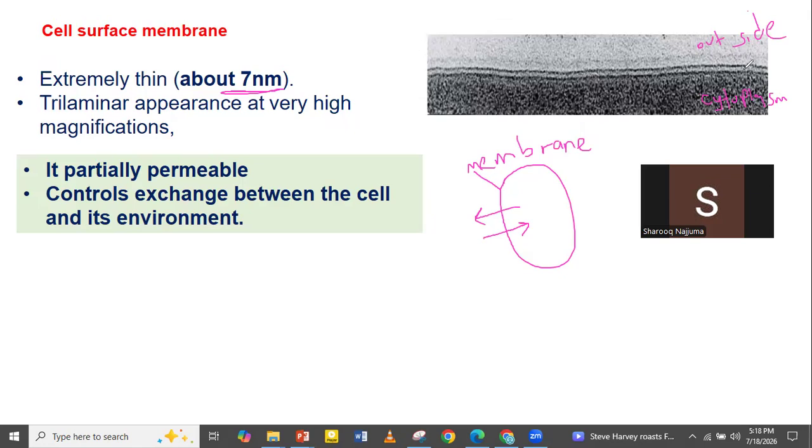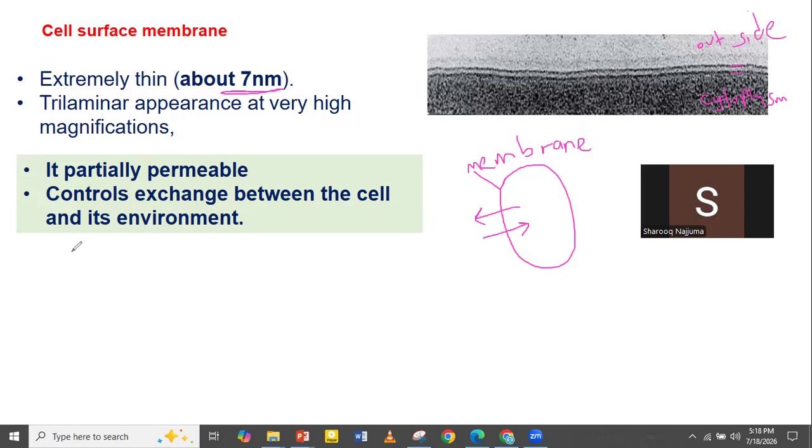This is the membrane here. You can see we have this layer, a middle one, and this other layer. So it appears to be made up of 3 layers: outer, middle, and the inner layer. Later, as you learn about cell membrane and transport, you understand why the cell surface membrane has the trilaminar appearance.